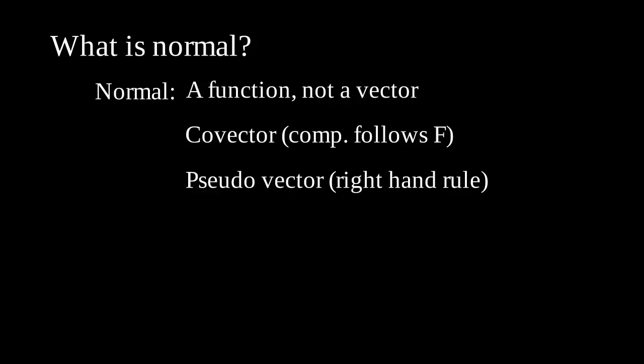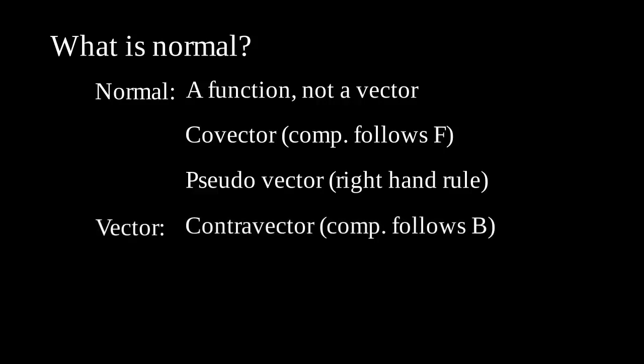However, choosing left or right is a human factor, thus it is not a physical vector like our pencil model. Mathematicians call your vector a contravector because the components of the vector don't follow F, but F inverse. The change contradicts the forward matrix. A normal is a covector which follows the inverse matrix of the contravector change.